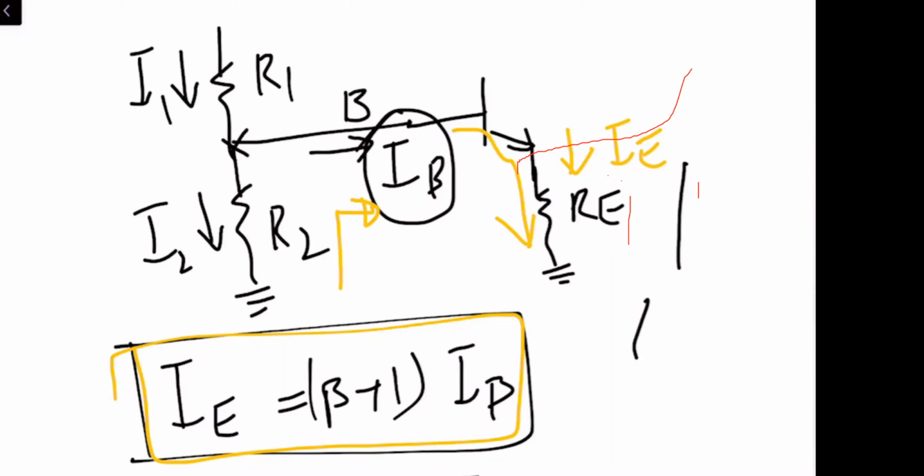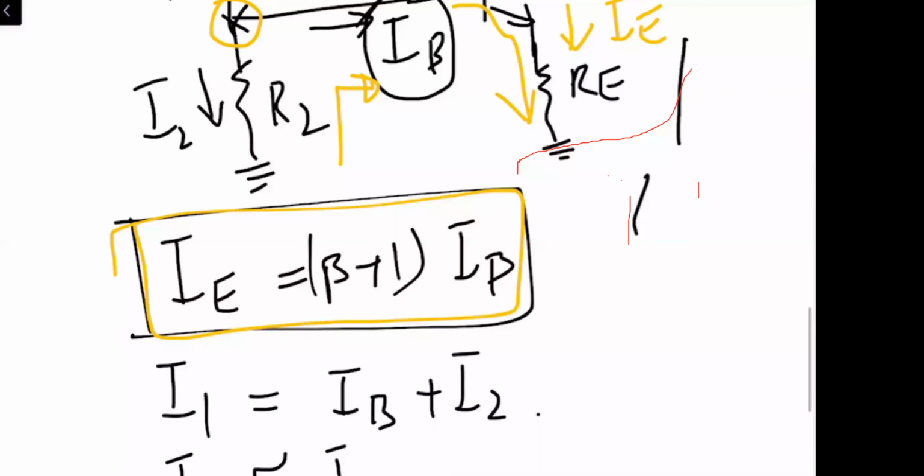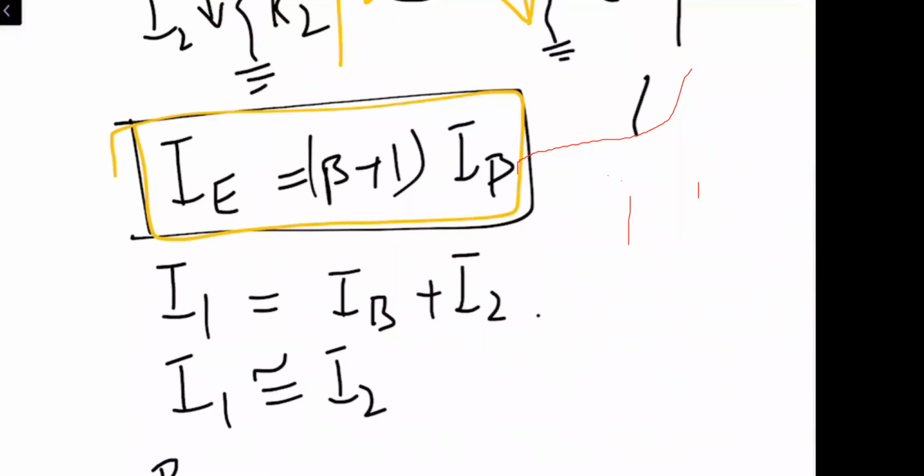But the junction, which is the node over here, is this one. It is the node on which we are talking about I1, I2, and IB. We say that I1 is equal to IB plus I2.